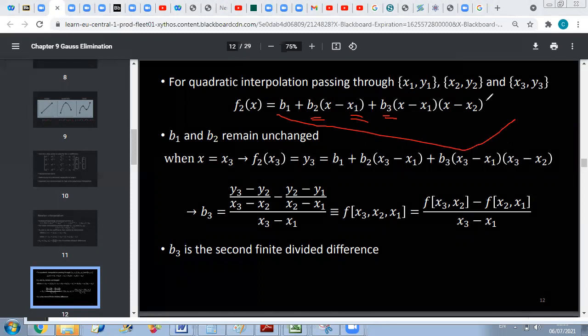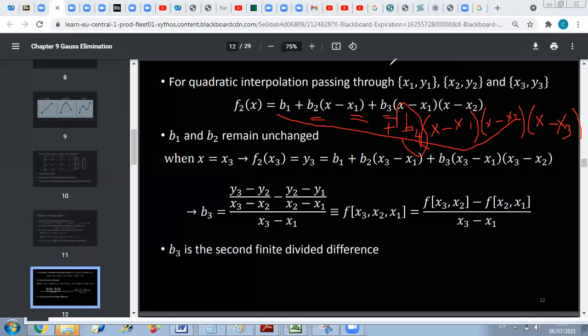If you want to do a cubic interpolation, you will add b4 times x minus x1 times x minus x2 times x minus x3. Okay? And you will proceed. Then b1, b2, b3 will remain as they are, and just b4 will change. But of course, what is the condition? I'm taking the same data points, just adding new points to them in the same order. You will understand more what I am saying when we do an example.